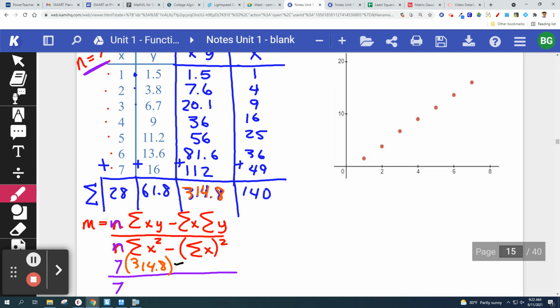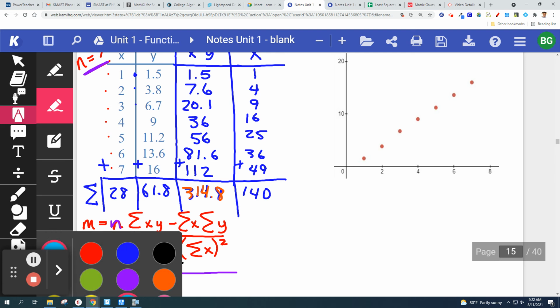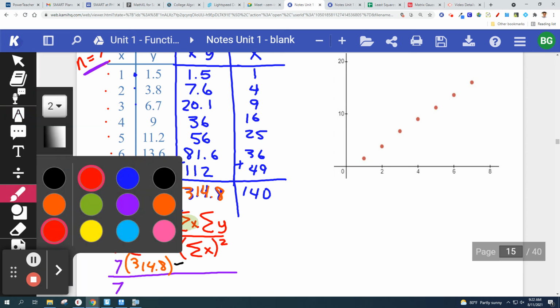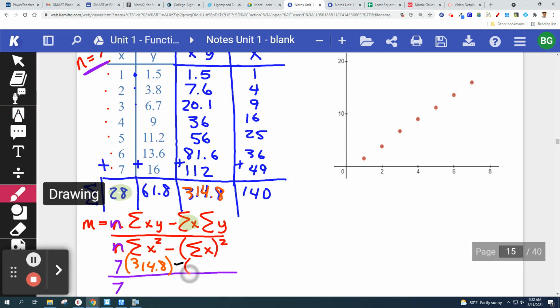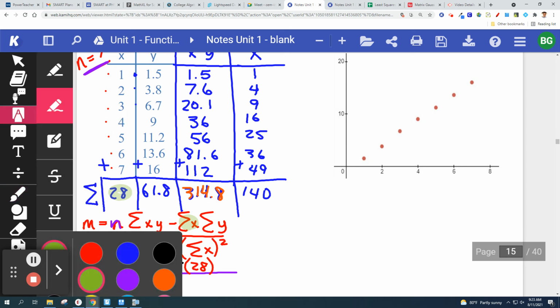Sigma x is right there, 28. Then I've got sigma y, 61.8.